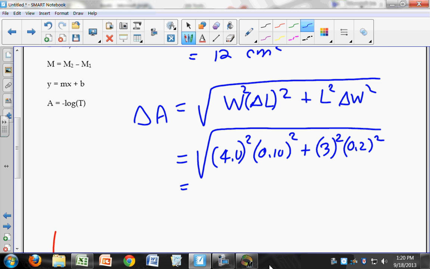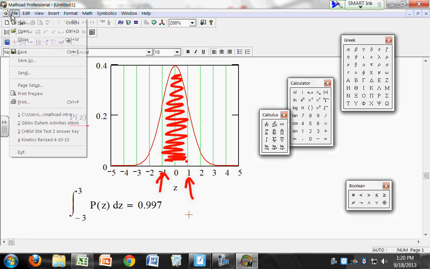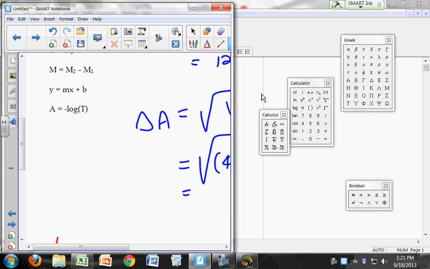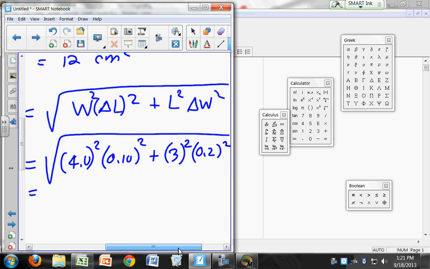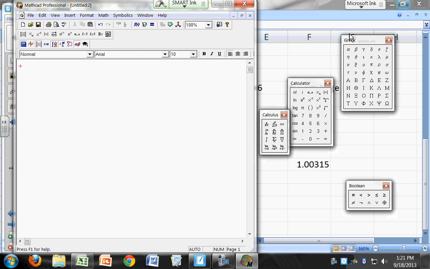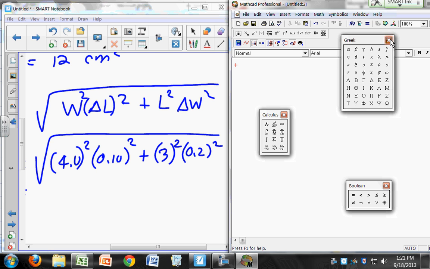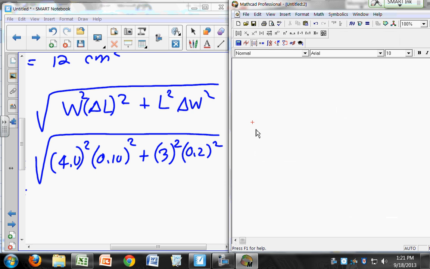So what would that be? It's going to be the square root of 4 squared times 0.1 squared plus 3 squared times 0.2 squared.